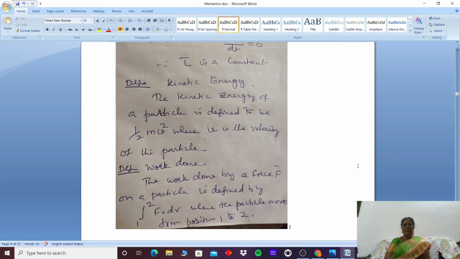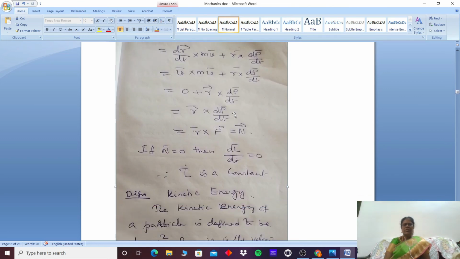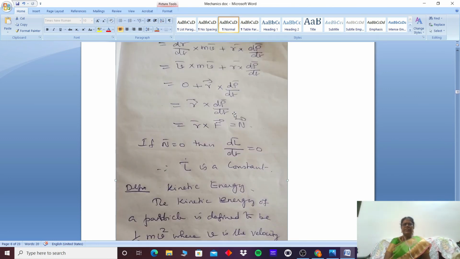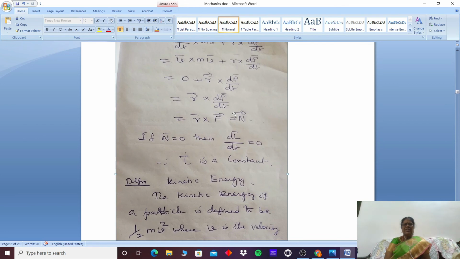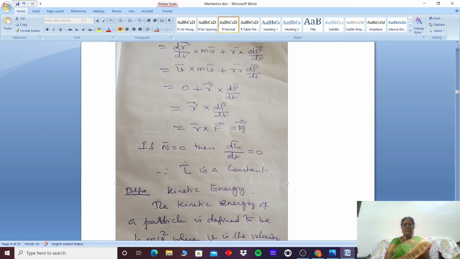So that becomes 0 plus r cross dp by dt. We know that r cross dp by dt is nothing but N. So this gives you N. If N is equal to 0, then dL by dt is equal to 0. So L is a constant.